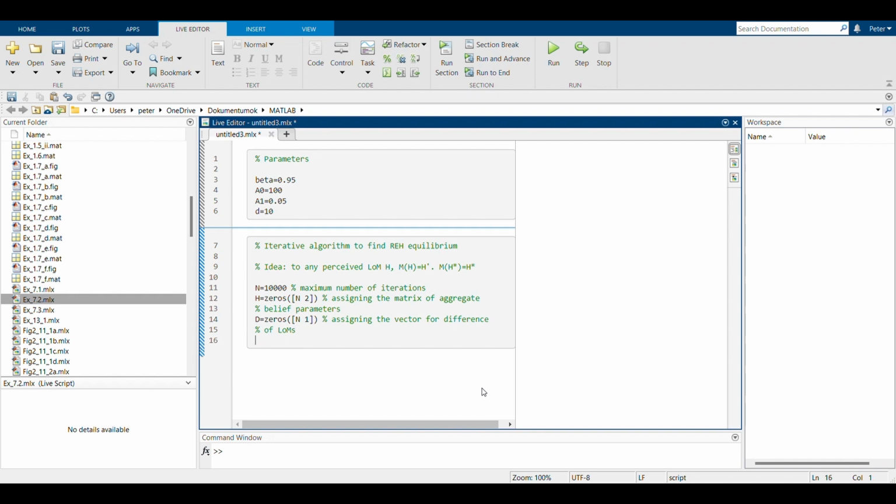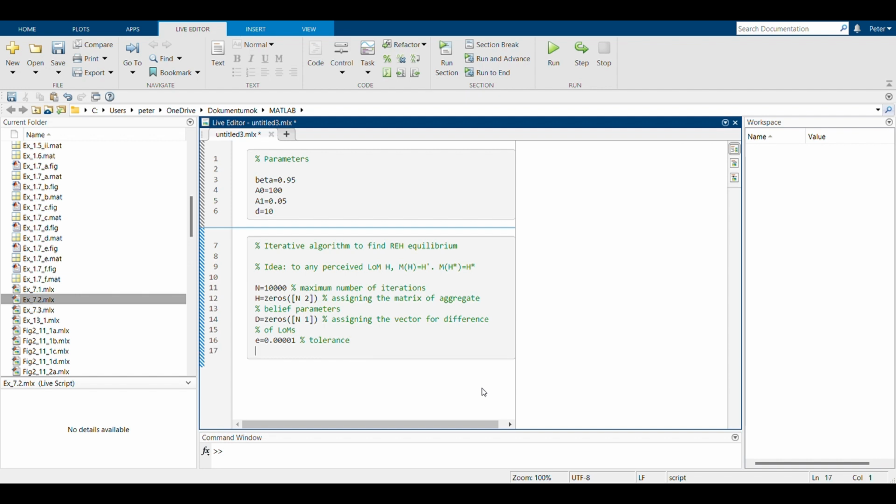Okay, we need a threshold. When the difference falls under this threshold, our algorithm is supposed to stop. Okay, D, alright, E is the tolerance.